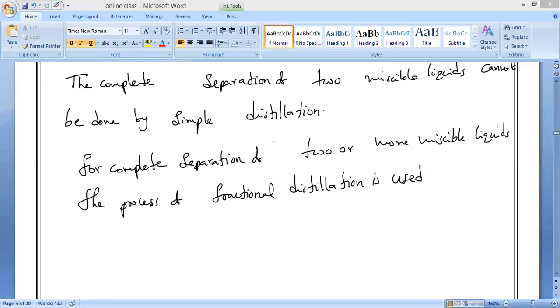If the boiling points are close to each other or more than one miscible liquid is there, then we use fractional distillation. Is it okay, guys? Yes, sir. That is what you have to remember.